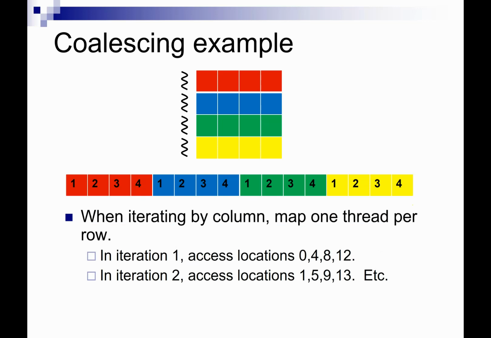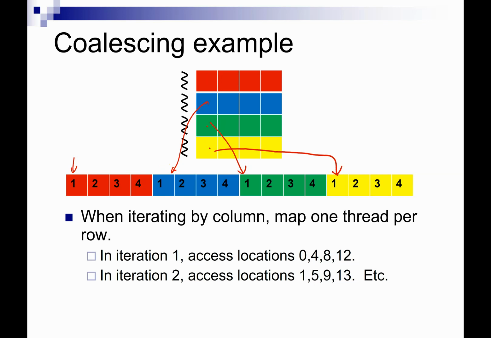Column by column, on the first iteration of these 4 threads, we need to read these locations. We need to read a red location, a blue one, a green one, and this yellow one. Now where are these locations stored? The first red location is over here, the first blue location is over here, the green one is over here, and the yellow one is over here.